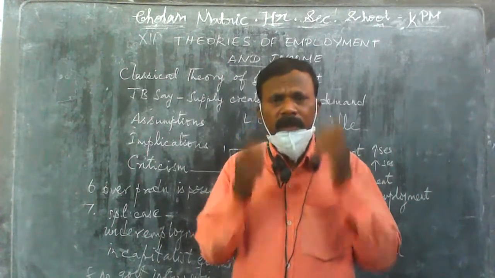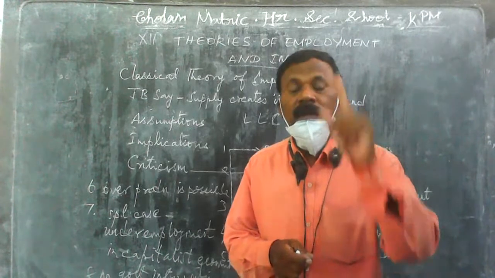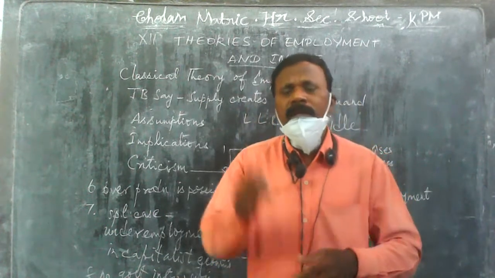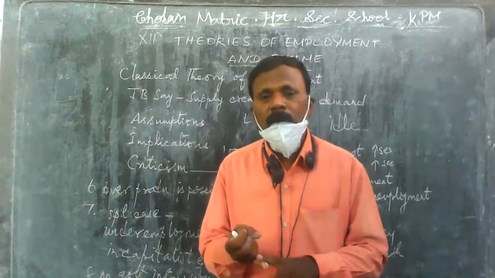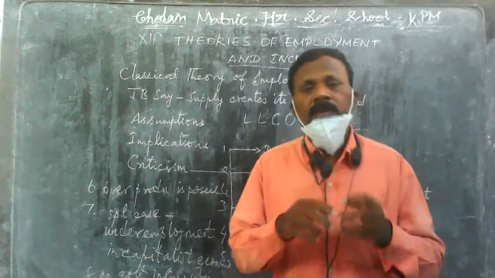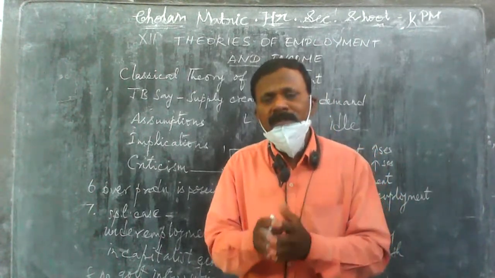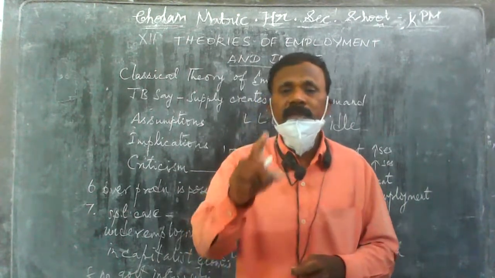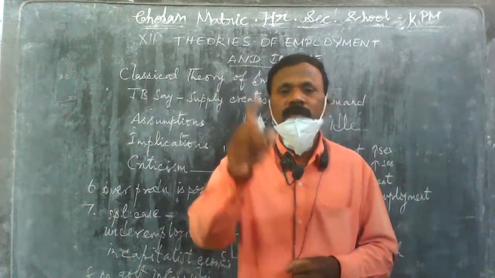That is why James Keynes said that government intervention is a must. There should be a government role in the economy. When mass unemployment and overproduction, these two problems, arise, the government will come and solve them. So there arises the need for government intervention.